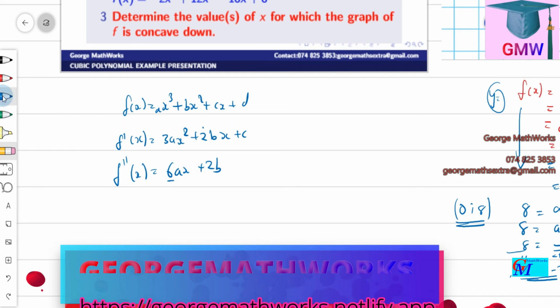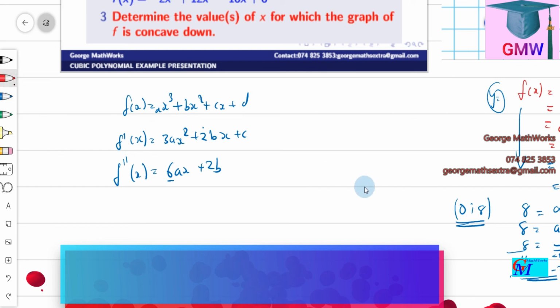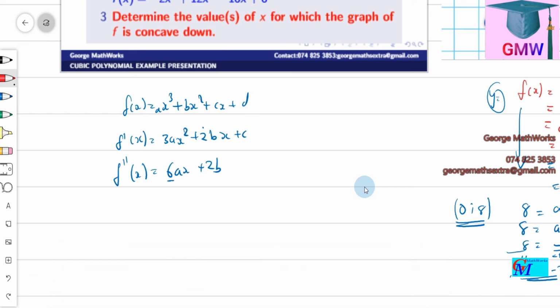Now, we are being asked a question to find concave up. Concave, okay, it says concave down. When we are discussing concave down, we are discussing a graph that looks like this, where the tangents are above the function.